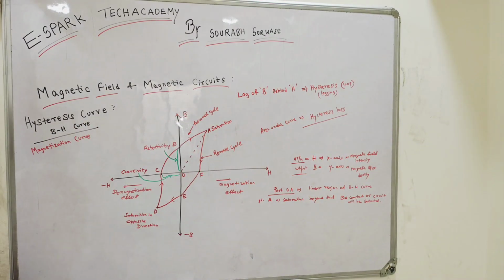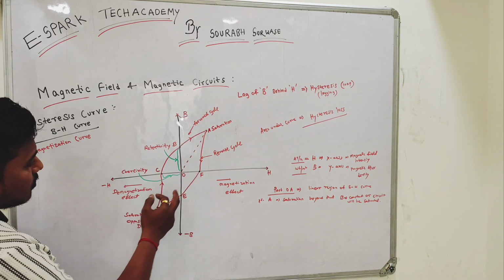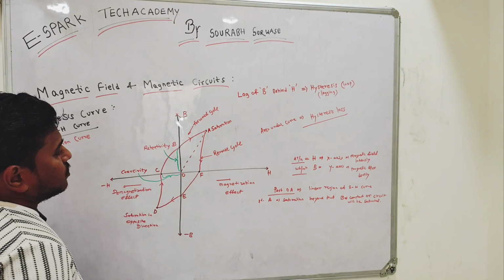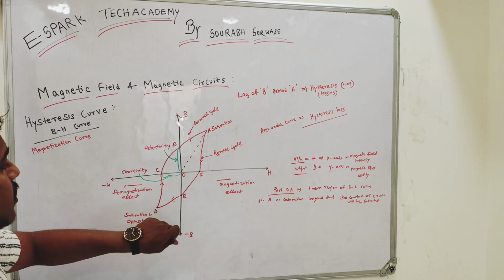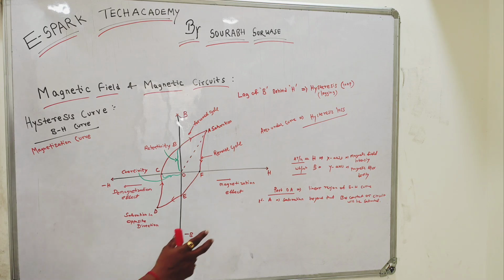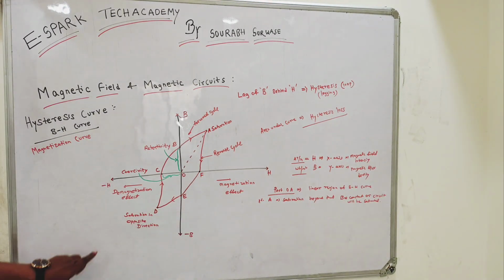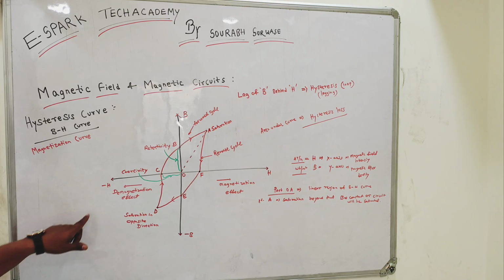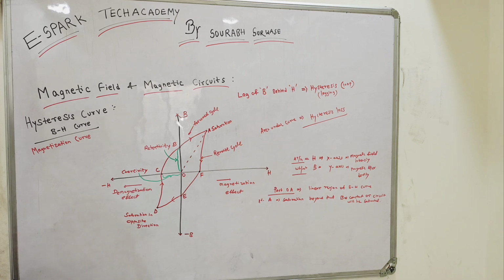Now, in the same way, when we go on decreasing H, it means we will increase it in the opposite direction. In the forward direction, the magnetization effect will take place, and in the reverse direction, the demagnetization effect will take place. The minus H is nothing but we are decreasing the magnetic field intensity in either direction.